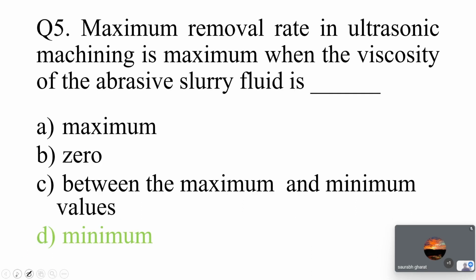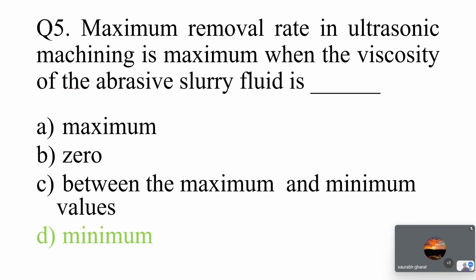Okay, the removal rate in ultrasonic machining is maximum when the viscosity of the abrasive slurry is... Zero is not possible, because the maximum value will not be reached that way.